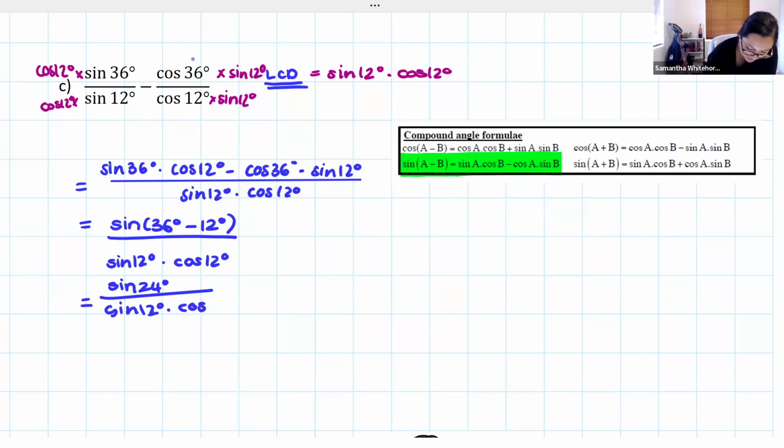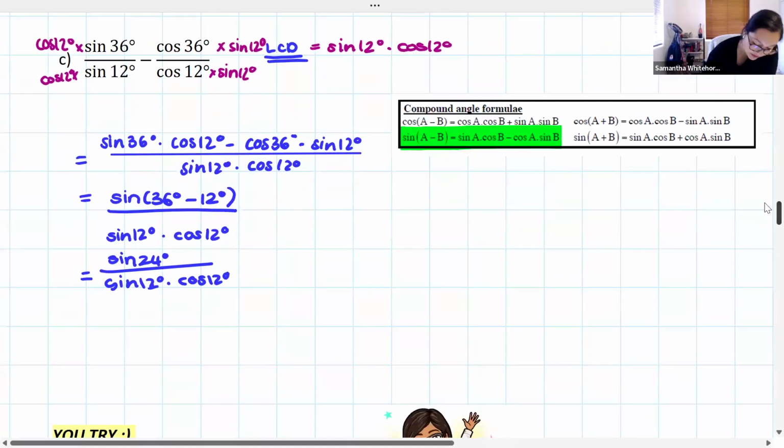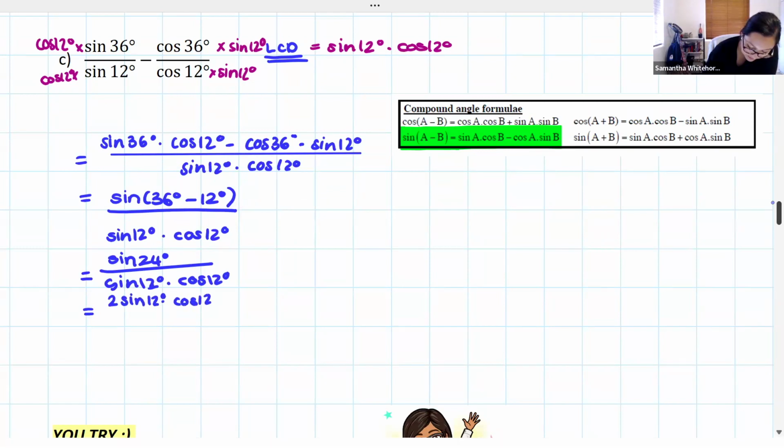And hopefully what you notice is that 24 is double 12. So you've got a double angle. Double angle for sine is just 2 sine A cos A, sort of what we've already been doing. So 2 sine 12 cos 12 over sine 12 cos 12.